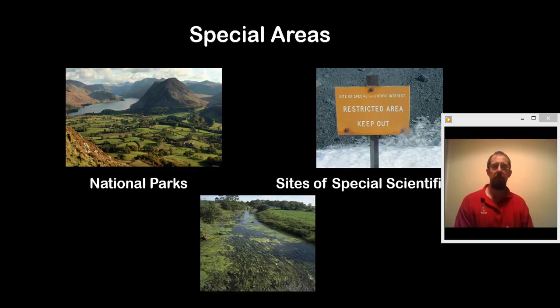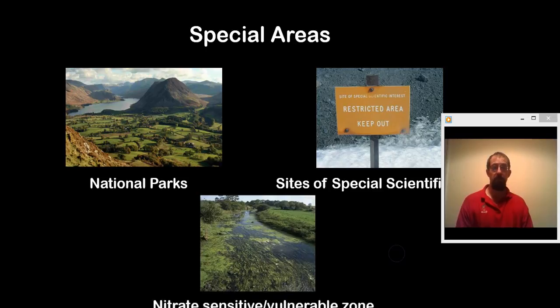So for instance, there might be a rare species of an insect there, or a fish. By preventing human interaction there and limiting the number of people that can go there, that makes sure that those fish are preserved. And it doesn't necessarily have to be to do with species. It could be some rock formations that are only found in that particular area, but it limits or even prevents, as you can see from the sign, people from entering those areas.